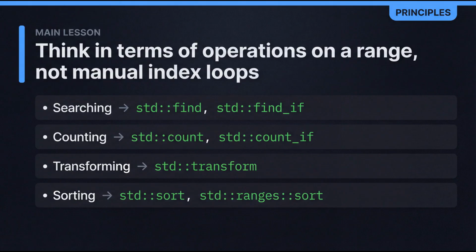Each algorithm expresses a specific intent. When you read std::sort, you know exactly what's happening. When you read a 20-line for loop, you have to trace the logic to understand the same thing. Algorithms are self-documenting. They reduce bugs by eliminating off-by-one errors, boundary mistakes, and forgotten edge cases.